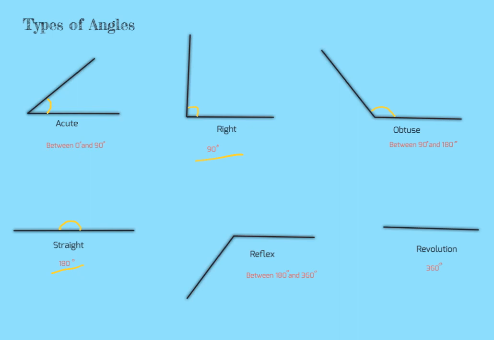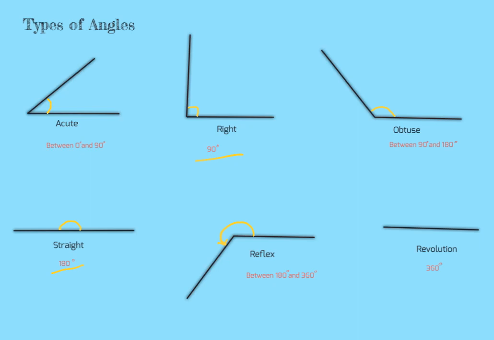Then we have a reflex angle, and that's sort of like an angle that's bending backwards a bit. It looks like an obtuse angle that's upside down, but it's actually bending backwards. So that one is between 180 degrees and 360. Now it's not exactly 180, otherwise it would be a straight angle. And it can't be exactly 360 because that would be something else.